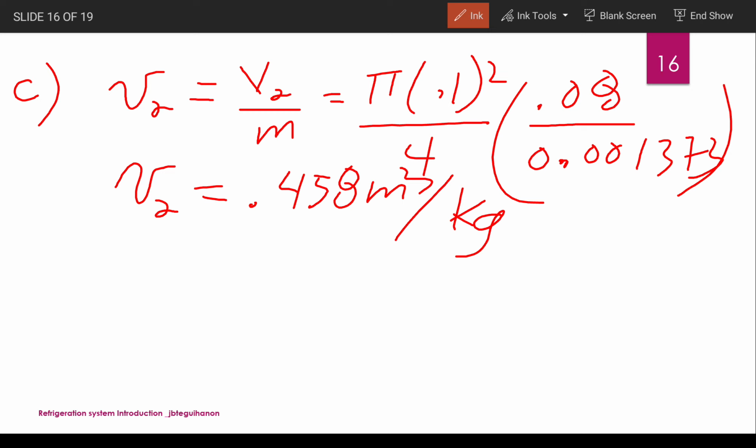So now the quality is found as follows, using entries at 120 degrees Celsius.